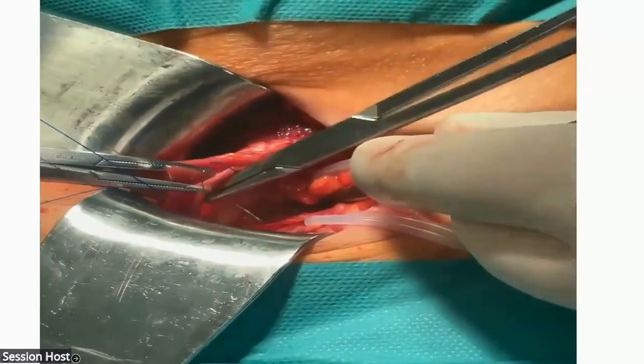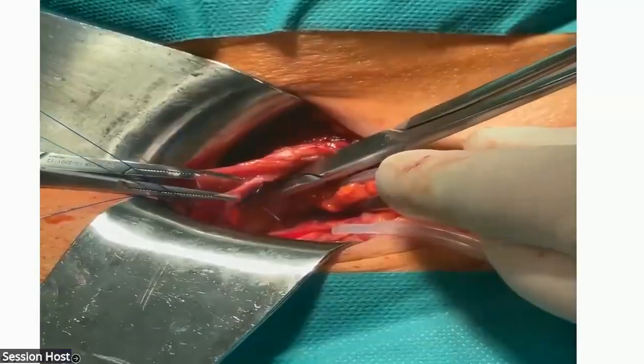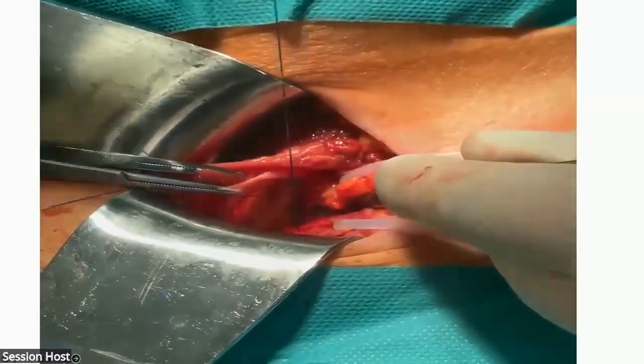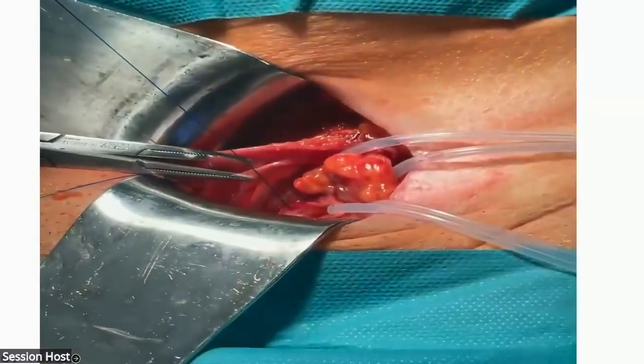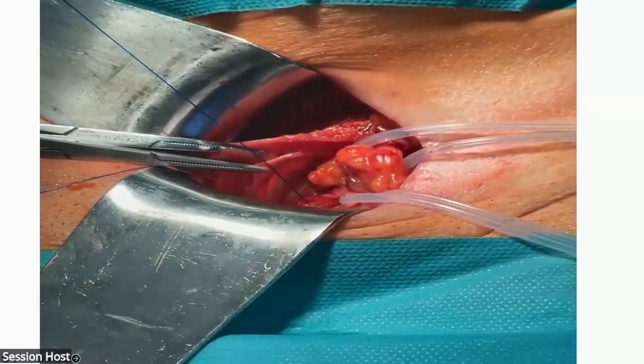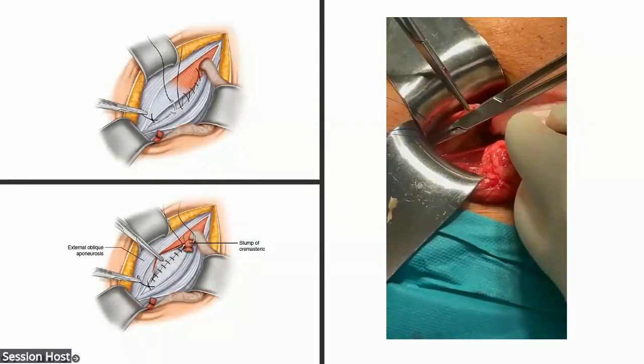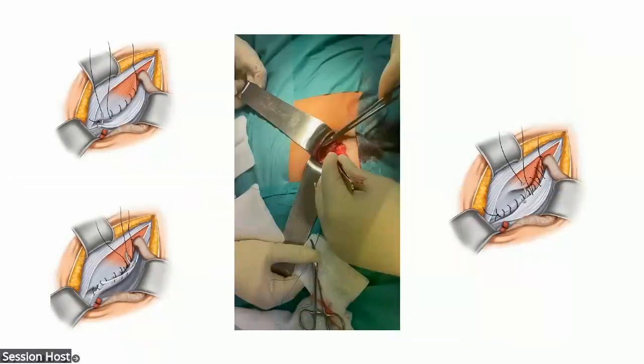So then we have, on one hand, fixed the indirect sac, and we have kind of a peritonealization of the posterior wall. And then step by step, all these sutures to fixate the internal oblique and the conjoint tendon to the inguinal ligament.